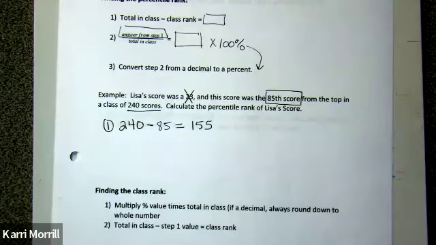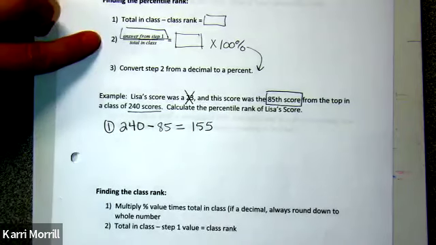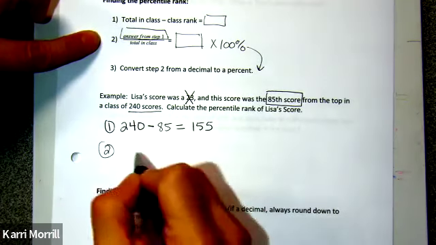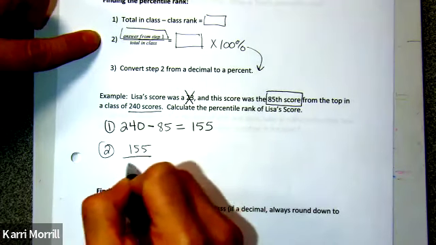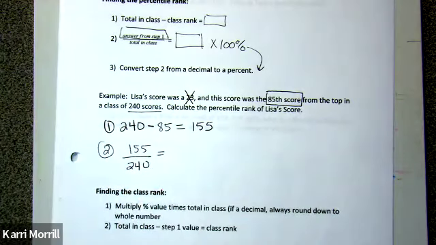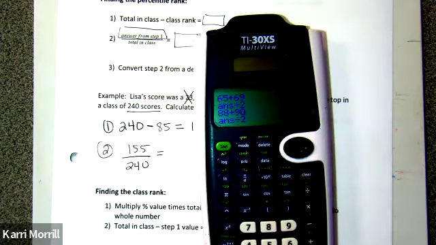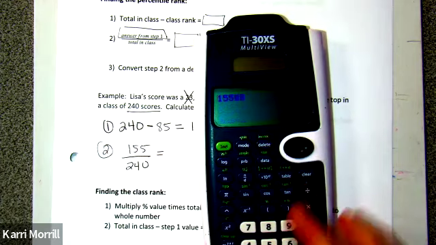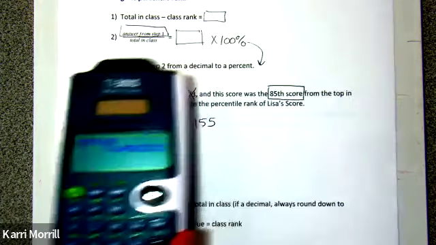Okay, so then we go to our second step. We take the answer from step 1, which was 155, and we divide it by the total amount in the class, or total scores that we had. So 240, so we have 155 divided by 240.